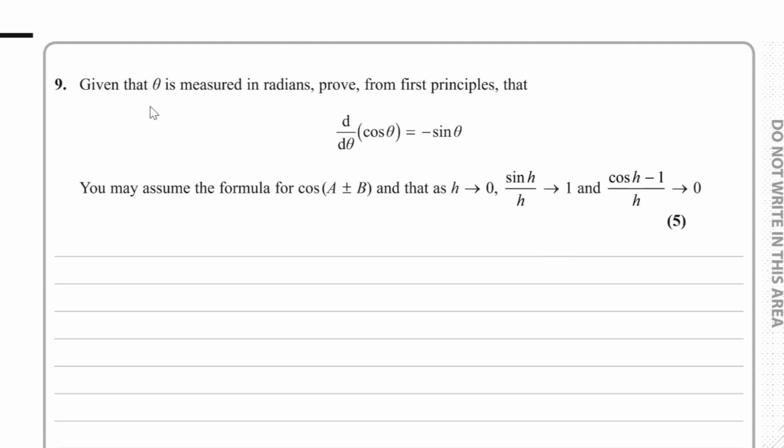Question number 9. We're given that theta is measured in radians, and with this we have to prove from first principles that the derivative with respect to theta of cos theta is negative sine theta. Now we may assume the formula for cos of A plus minus B, and that as h tends towards 0, sine h over h tends towards 1, and cos h minus 1 over h tends towards 0.